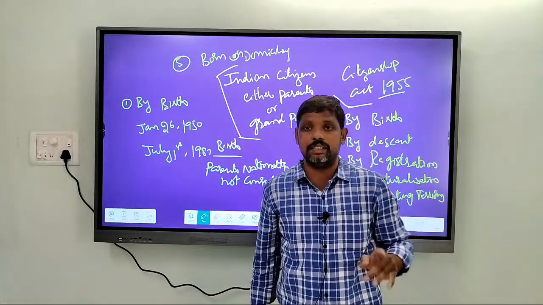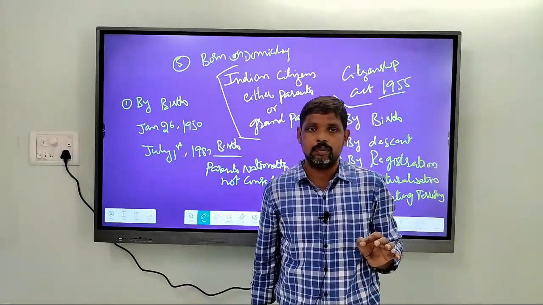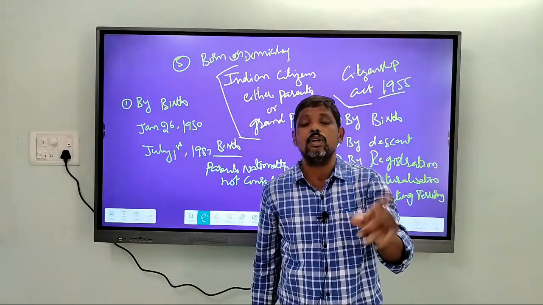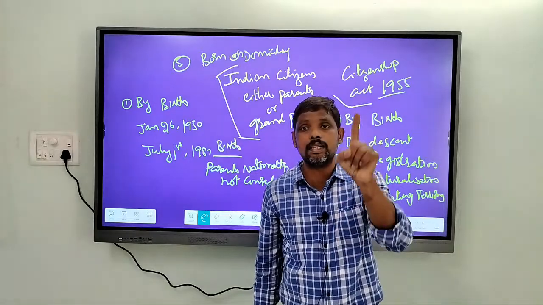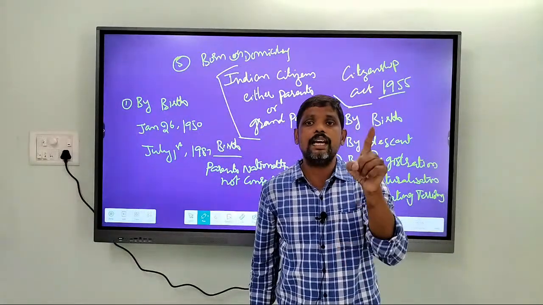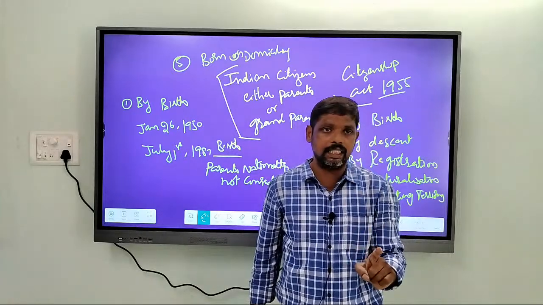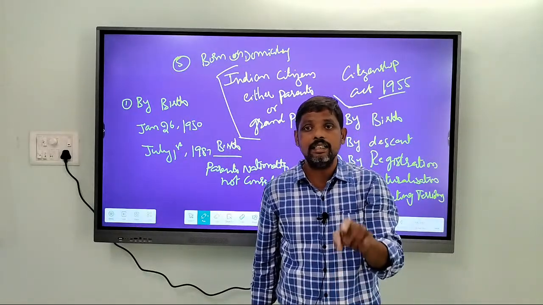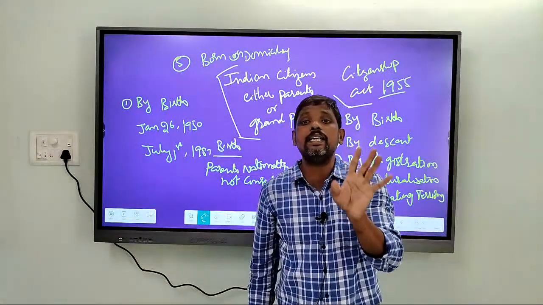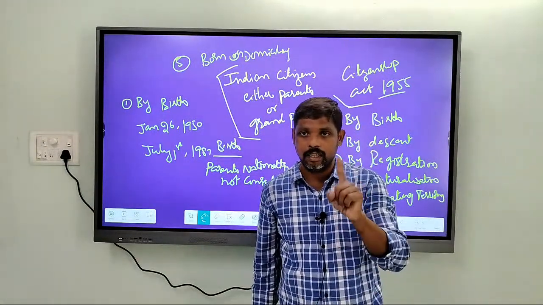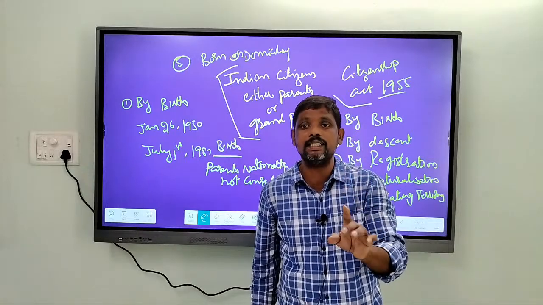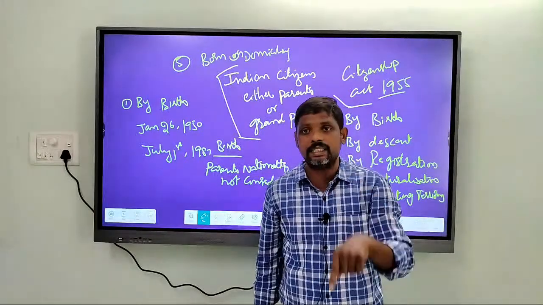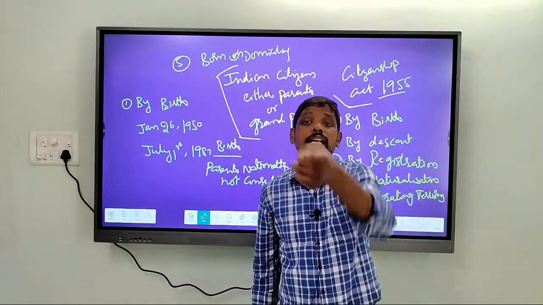Again the laws were changed in 1992, saying that all those individuals who are born after December 3rd, 1992 are treated as Indian citizens, provided they were born in India and both the parents are Indian citizens, or one of the parents is an Indian citizen and the other parent is not an illegal migrant.